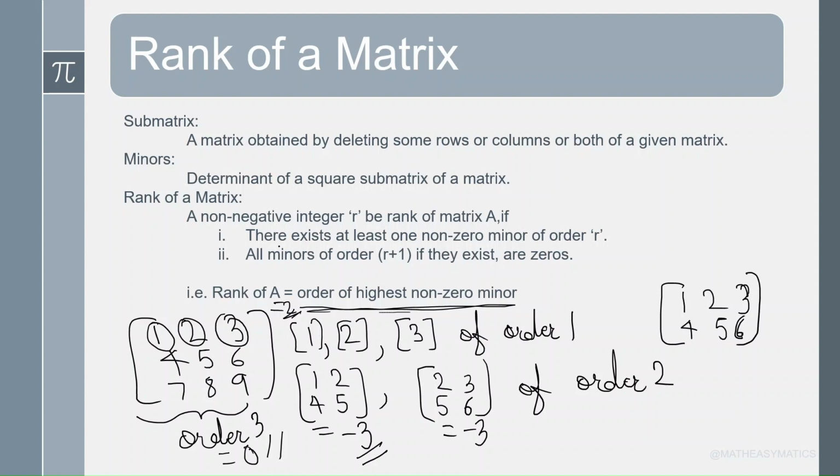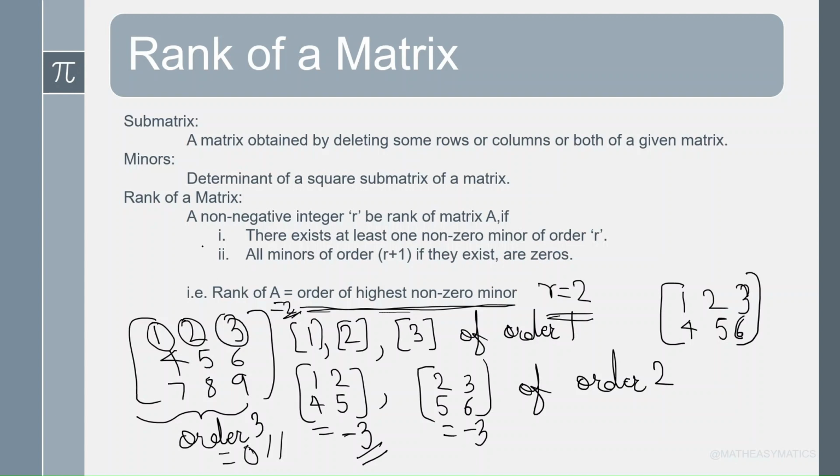Let's understand both definitions. First is there exists at least one non-zero minor of order R. We have got here rank equals 2, R equals 2. They have given there exists at least one non-zero minor of order R. So of order 2 we have got at least one non-zero minor.